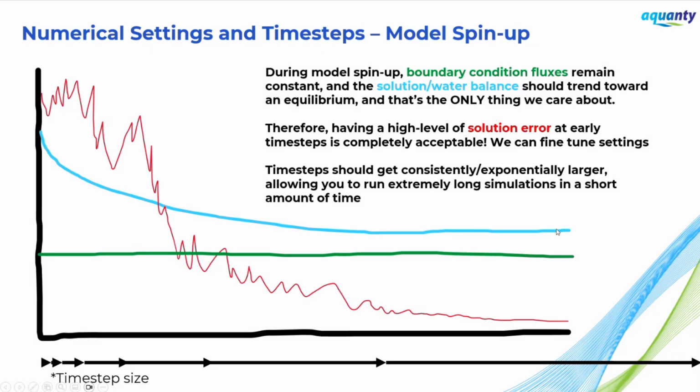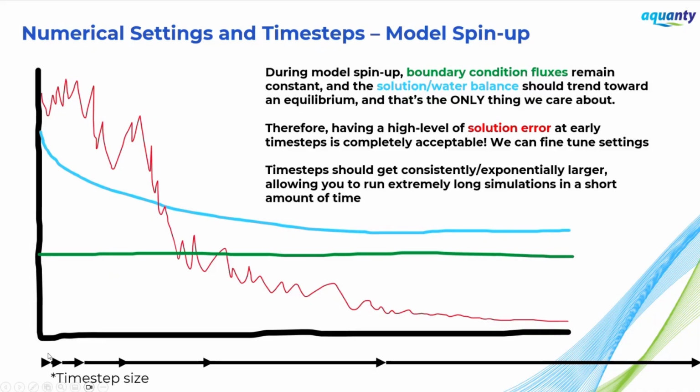That equilibrium watershed condition. This is the blue line. It might be fine for you to have really high solution error in the early time steps, because the only purpose of model spin up is to get to that sort of steady state condition, which can then be used as the starting point for subsequent transient simulations. So here you might as well just set your numerical solution, your convergence criteria, to be extremely loose, right?